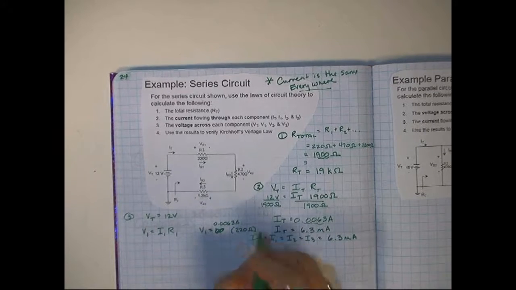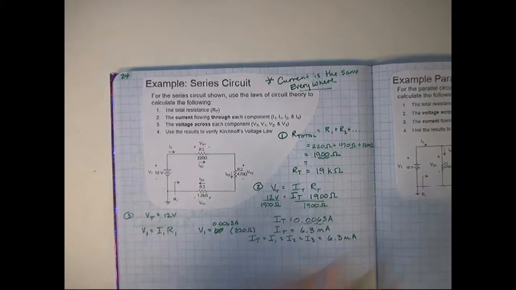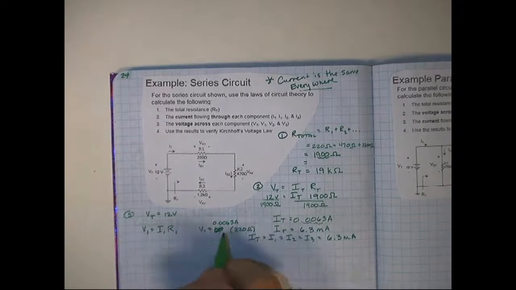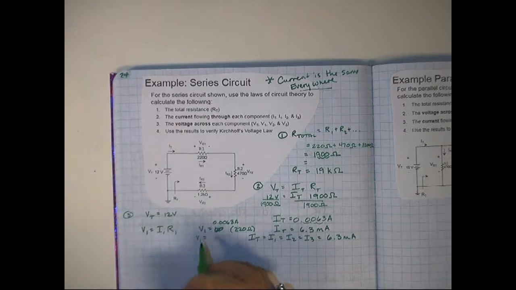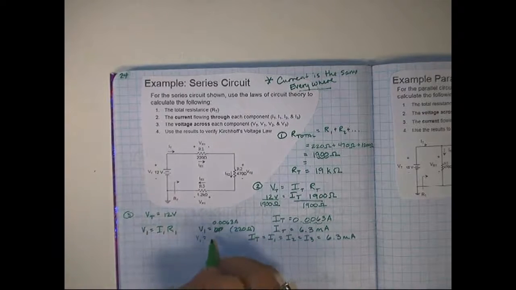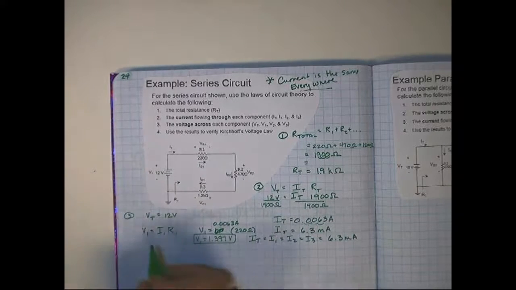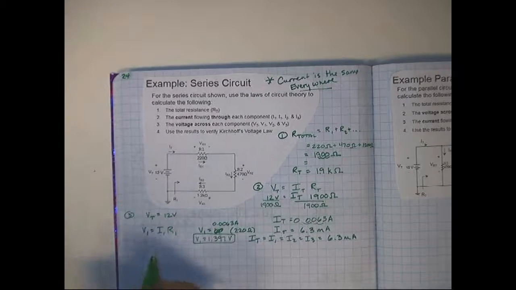You need to always put in regular amps and regular ohms and regular volts in this equation, and then it works out properly. If you start putting the milli in, it will mess up your answer. So to find volts, I just multiply these two numbers together, and I get V1 equals 1.397 volts.